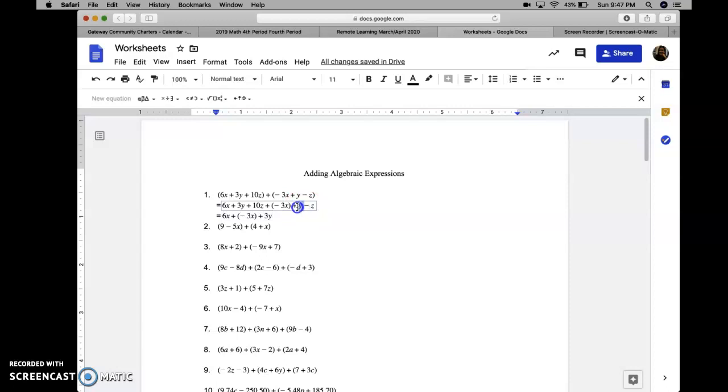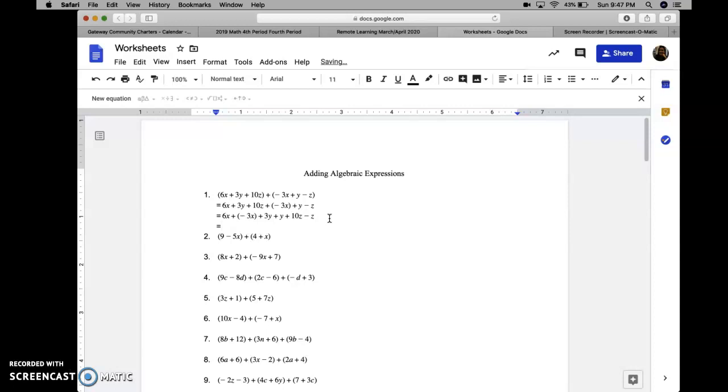Now I'm going to take this plus y and put it next to my 3y. And now my plus 10z gets shifted over. And the minus z, that's at the end. We haven't done anything with it. It just stays at the end for now.